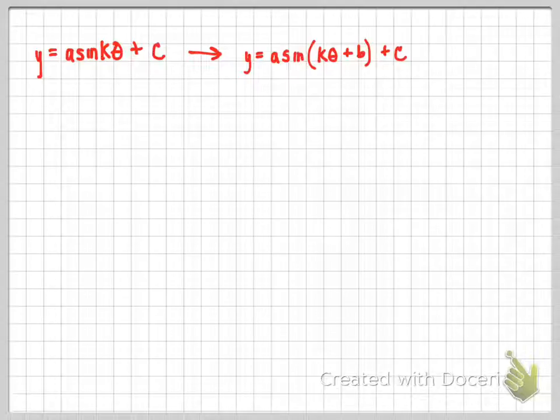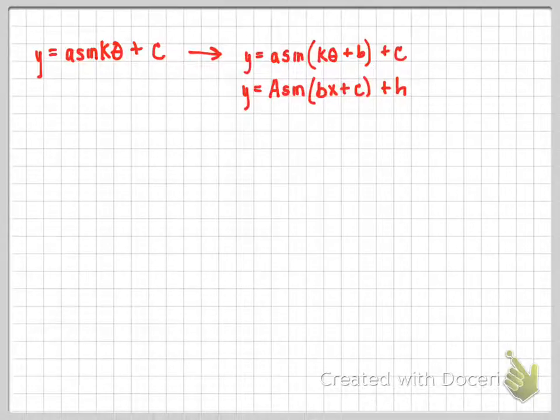Okay, every book writes this differently, so pay attention to where the variable is. Some books write it this way, some books write a capital sine bx plus c plus h. Okay, it really doesn't matter how I label this. It matters that I understand the location of the coefficient and what that does to the graph.